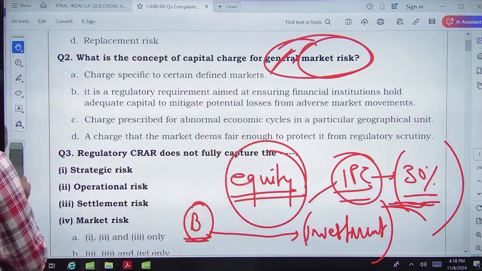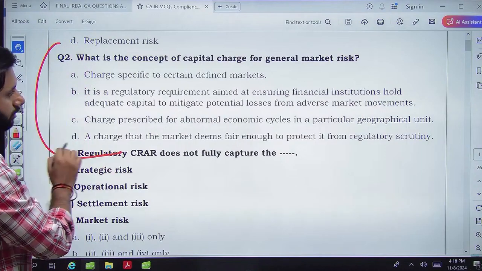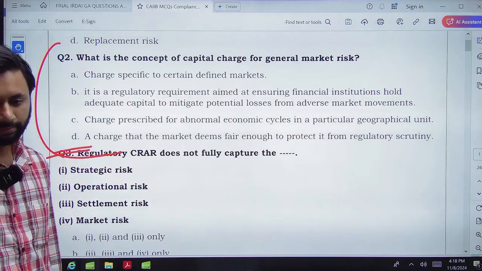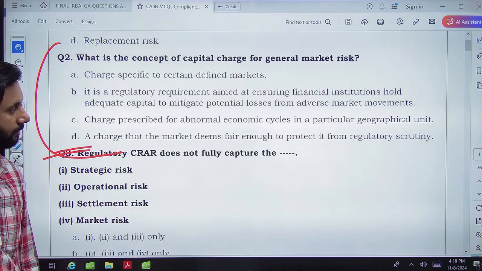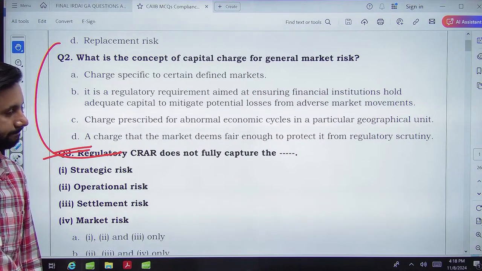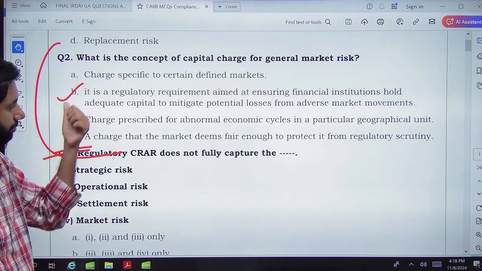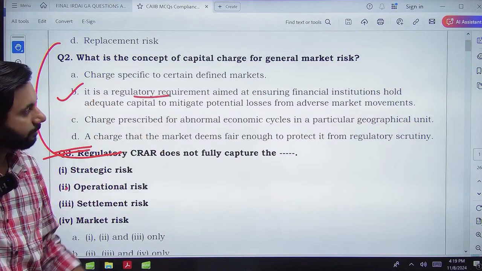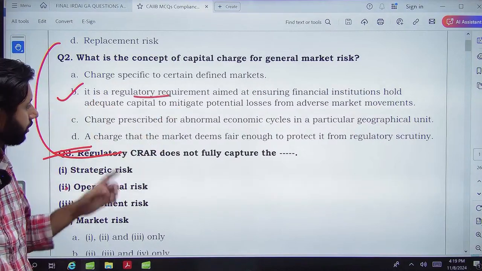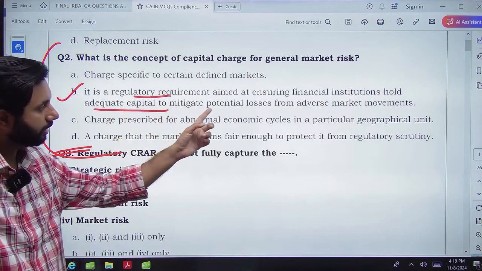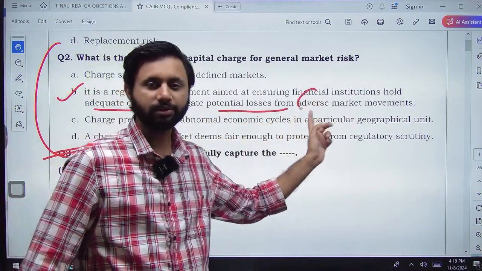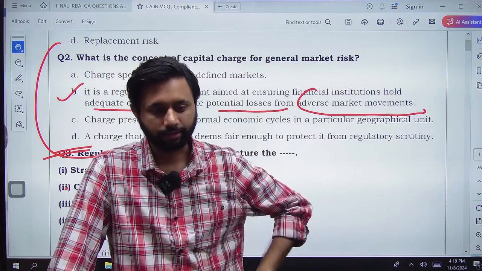On the basis of that, what do you think is the correct answer for this? Naturally, B. It is a regulatory requirement aimed at ensuring financial institutions hold adequate capital to mitigate potential losses from adverse market movements of that security.